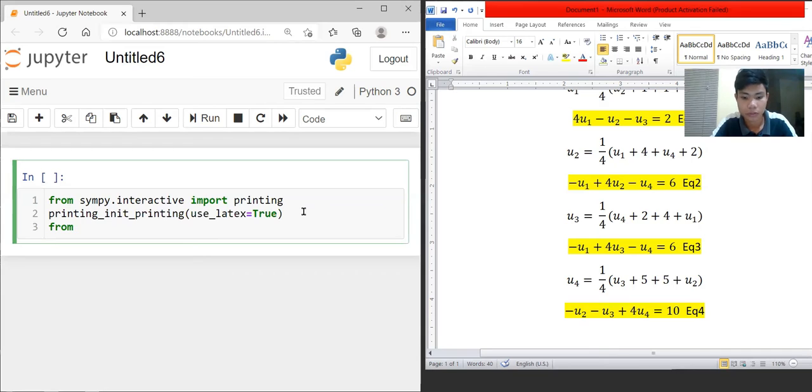So next, itong system naman na to is yung gagamitin natin para ma-solve yung ating matrix.